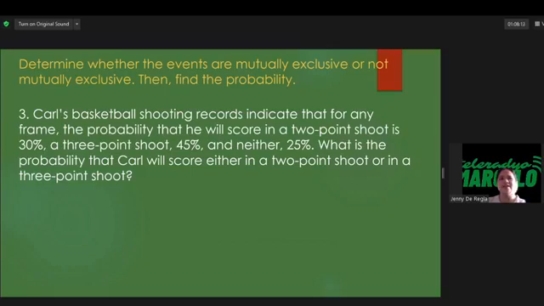This is a mutually exclusive event, since these events cannot happen at the same time. So the answer is, just add the probability that he will score in a 2-point shot, 30%, and a 3-point shot, 45%. So 30 plus 45 is equal to 75% or 0.75 or 3/4.